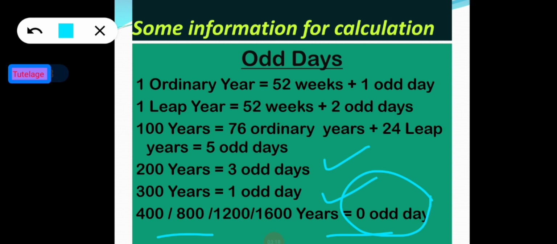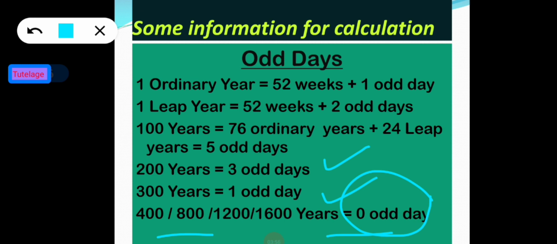One ordinary year equals 52 weeks plus one odd day. One leap year equals 52 weeks plus 2 odd days. 100 years equals 76 ordinary years and 24 leap years, equals 5 odd days. 200 years equals 3 odd days. 300 years equals 1 odd day, and 400, 800, 1200, 1600 years equal 0 odd days.